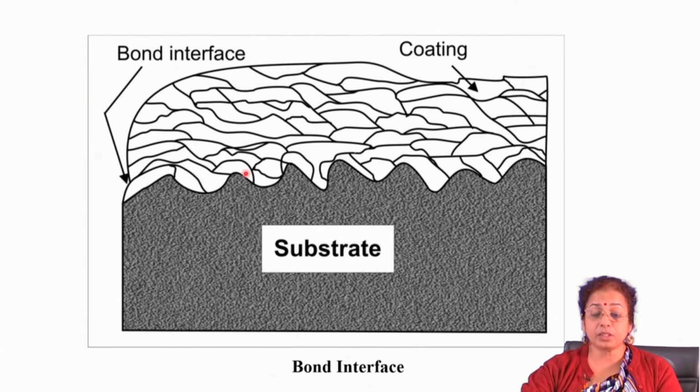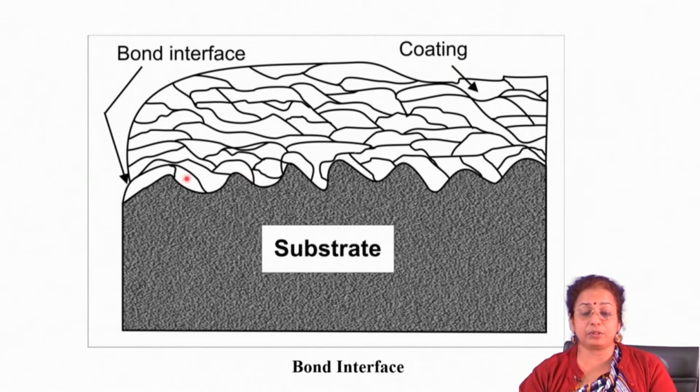interlocking. So, it is important that you prepare the substrate prior to the coating very nicely, so that you have very nice grooves on the surface of the substrate. Usually this grooving is done by shot blasting or sand blasting operation. When you do sand blasting, depending on the particle size of the sand, you will get different sizes of groove formation on the surface of the substrate.